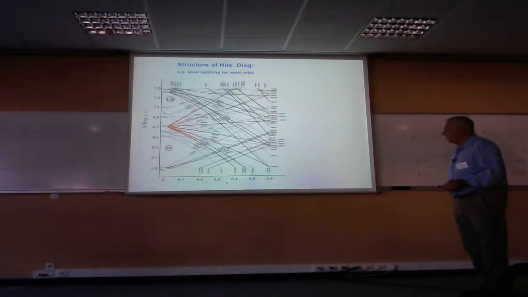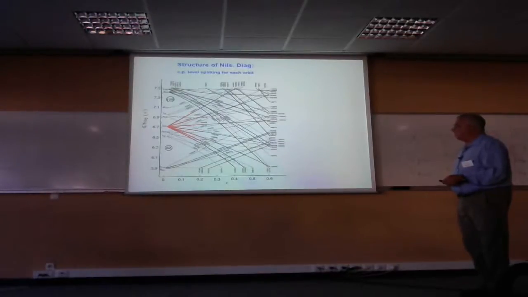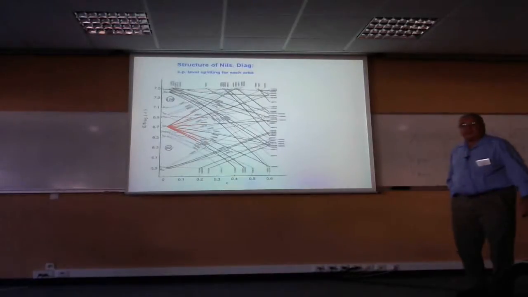This will be the K equals 1/2, K equals 3/2, K equals 5/2, K equals 7/2. This is H9/2. It'll break up into 1/2, 3/2, 5/2, 7/2, 9/2. We've already talked about this. The P3/2 will break up into K equals 1/2 and 3/2. F5/2 into 1/2, 3/2, 5/2. And the P1/2 will just have a single one.